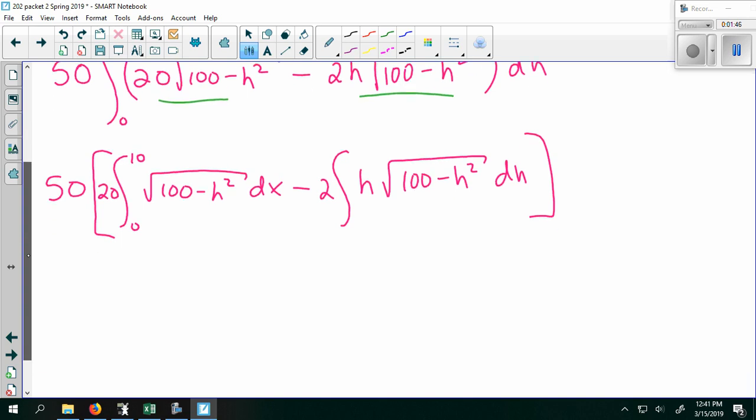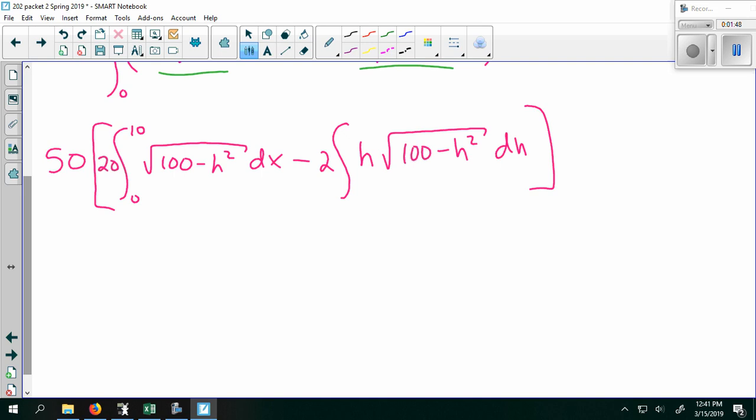Okay, so I'm going to work on each of these integrals separately. And I'm going to do it on a separate page because each one takes a little bit of work. And then I'm going to come back here and try to replace this integral with a value. Oops, this is from 0 to 10.